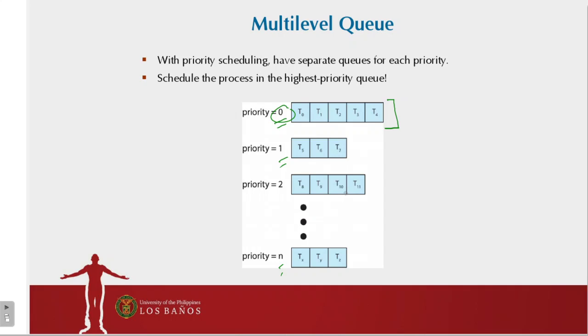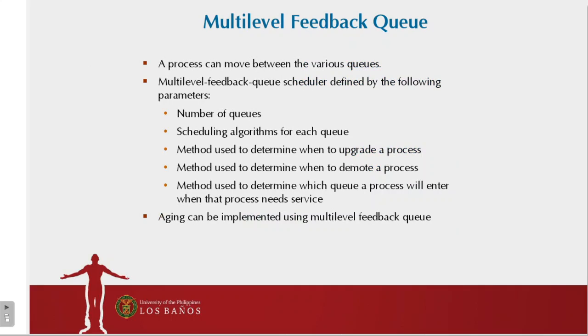So what if we allow processes to move from one queue to another? We can actually do that in a multi-level feedback queue, wherein a process can move among the various queues. And the multi-level feedback queue scheduler is defined by these parameters.